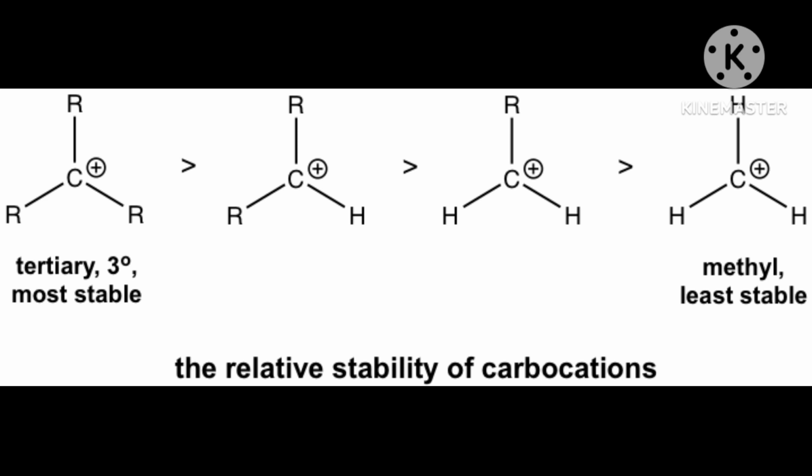Correct? Remember, different means chiral. Then you can tell it is chiral. And this property is called chirality. Then this butan-2-ol shows chirality.